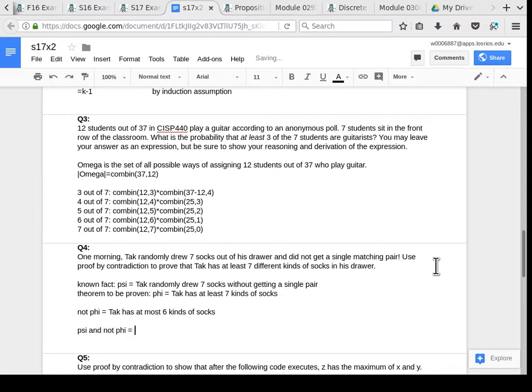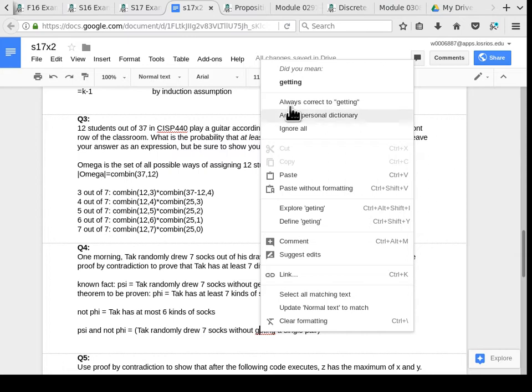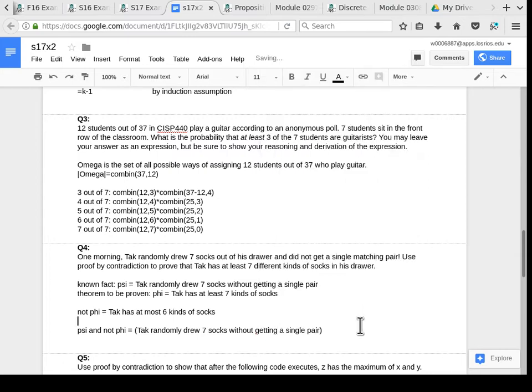So when we combine these two, it is basically saying Tag randomly drew 7 socks without getting a single pair, and Tag has at most 6 kinds of socks.